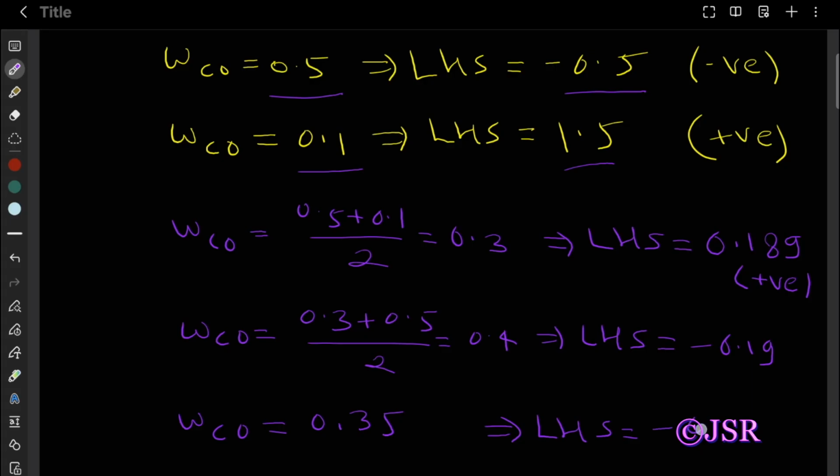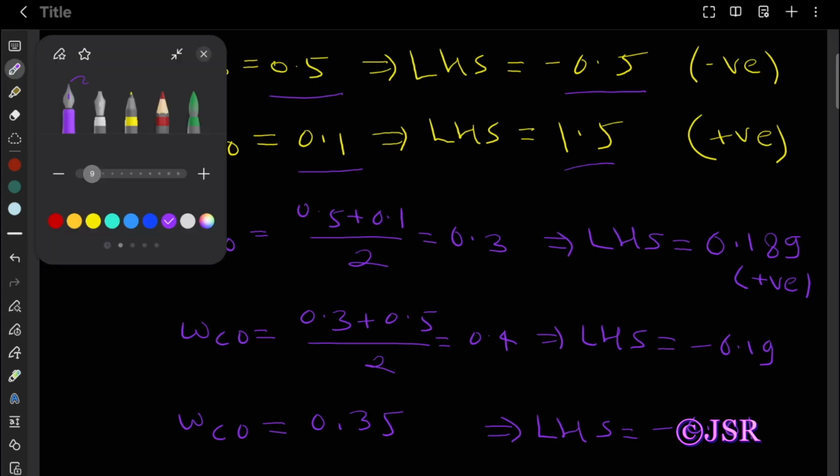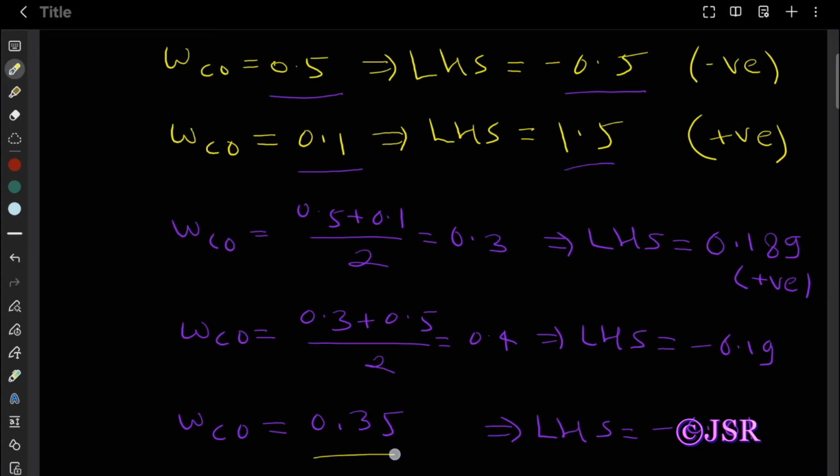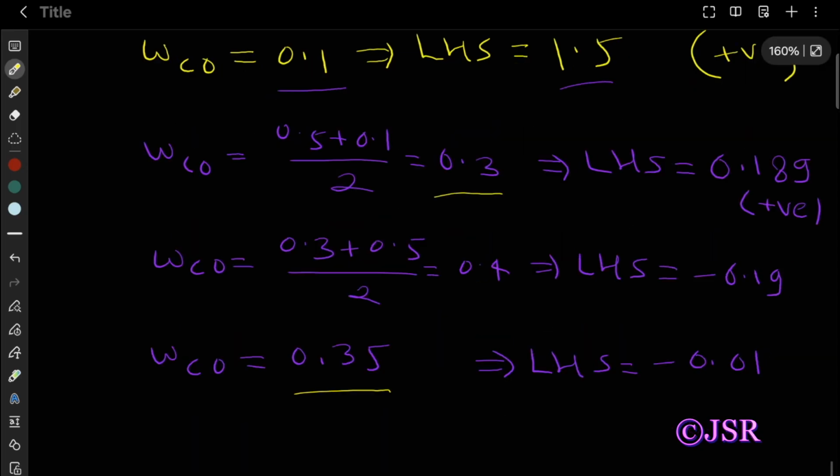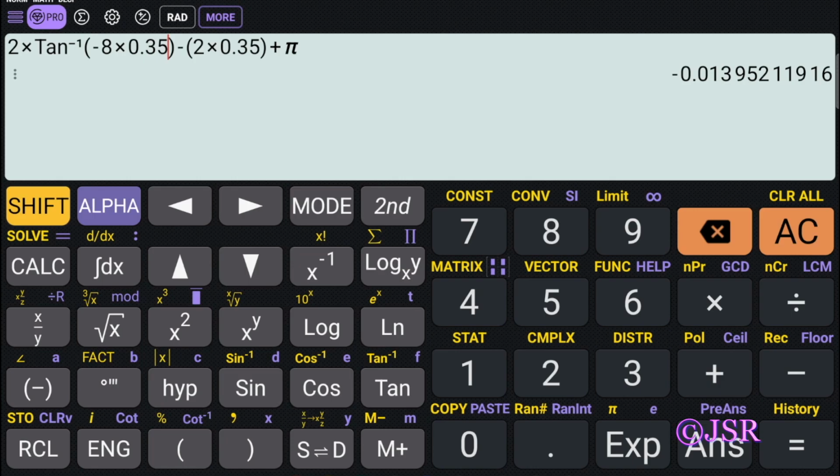Replacing with 0.35, we get minus 0.01, which is still negative. So the root will lie between 0.35 and 0.3.